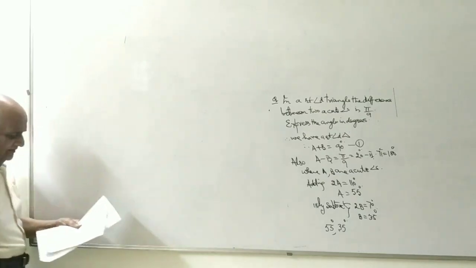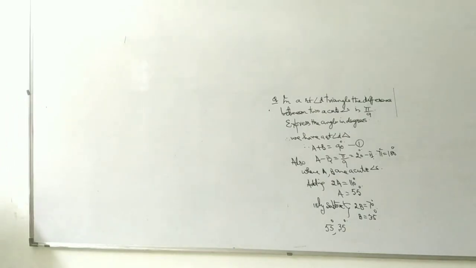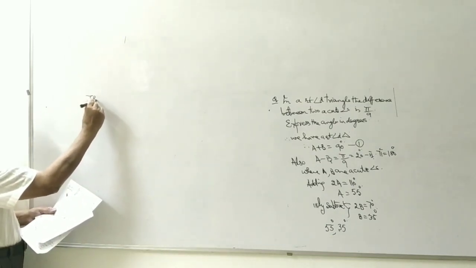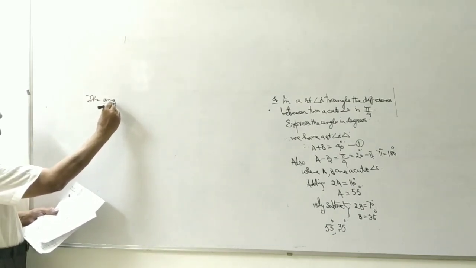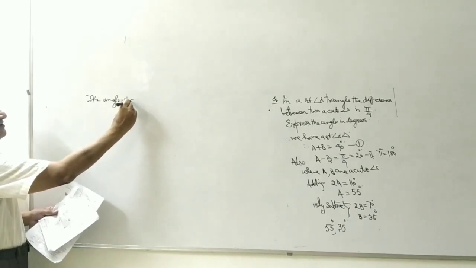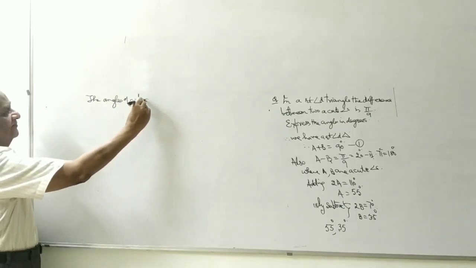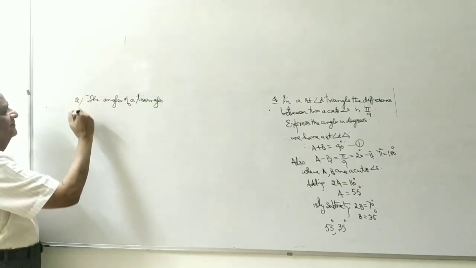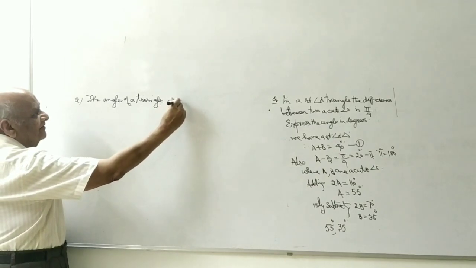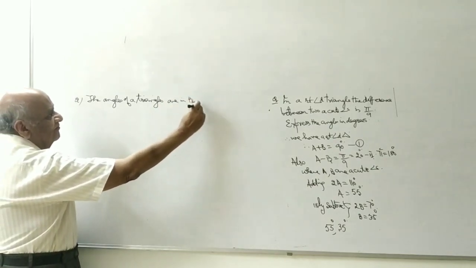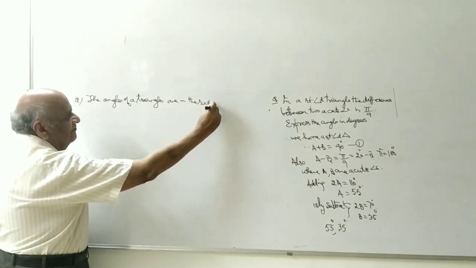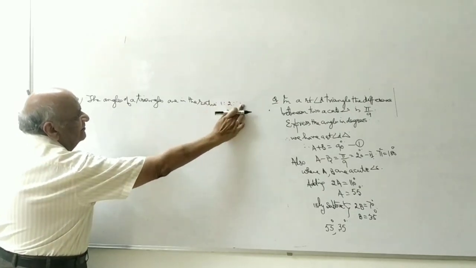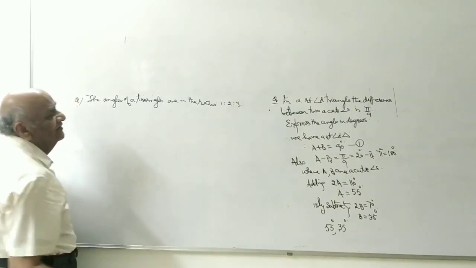The angles of a triangle are in the ratio 1:2:3.